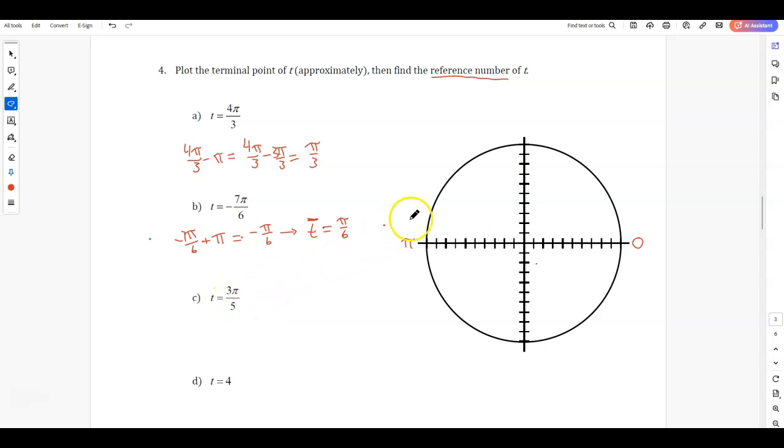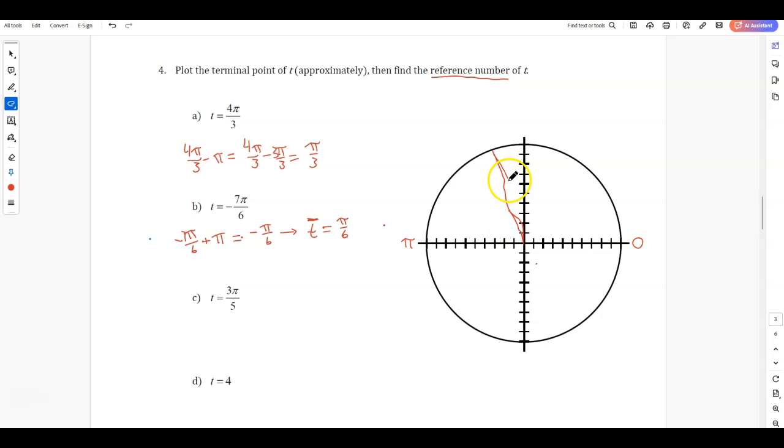So 3 pi over 5, I could say, all right, well, 3/5, right? That's a little bigger than a half, right? 1/2 would be 2.5 fifths. So we're probably somewhere just past half a pi, not quite to a whole pi, right? So 5 pi over 5 would be a whole pi. About 2.5 pi over 5 would be up here. So we're probably somewhere in this vicinity right here, right?